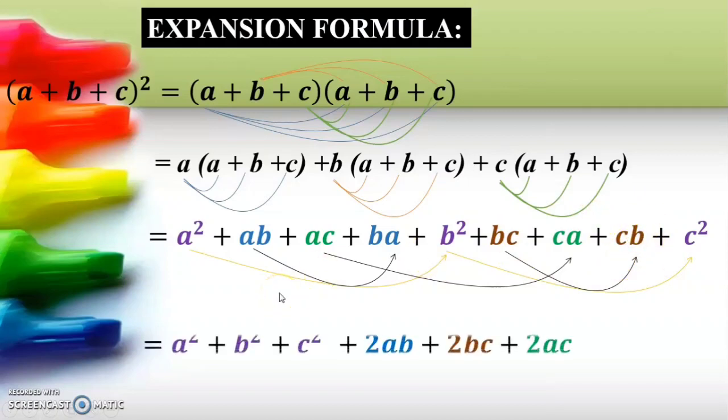So we get a square plus b square plus c square, and as we know ab is equal to ba, so we write it as 2 times ab. bc plus cb are equal, so we write 2 times bc, and ac plus ca are equal, so we write 2 times ac.